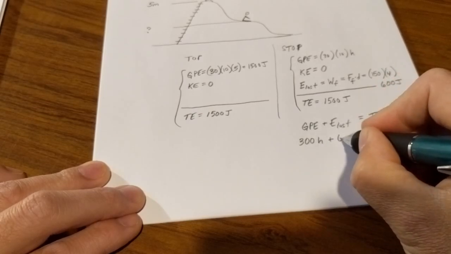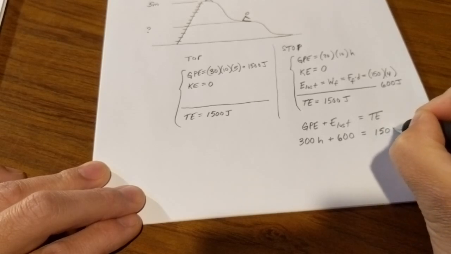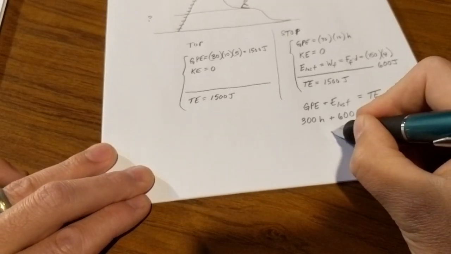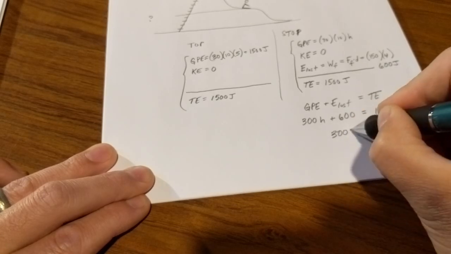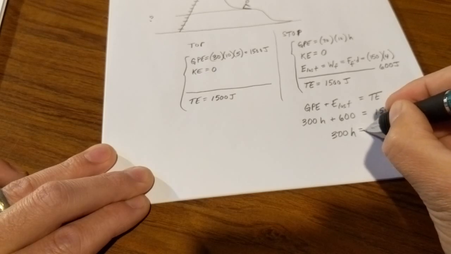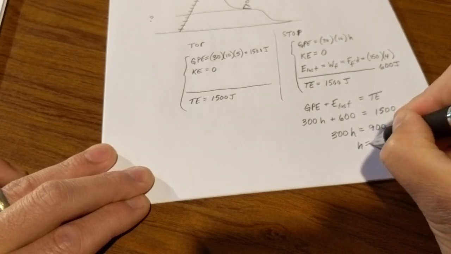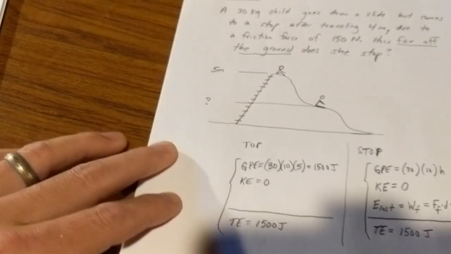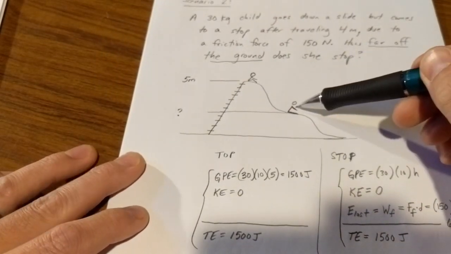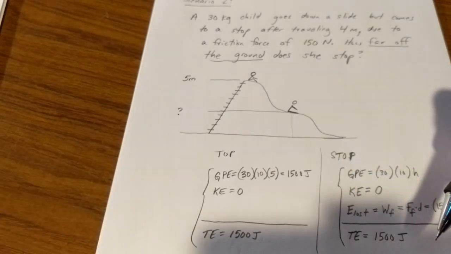The energy lost, we just said, was 600 joules, and the total energy was 1,500. So we can find that the height that the child will stop at must be 3 meters. So apparently, this child is stranded 3 meters above the ground.